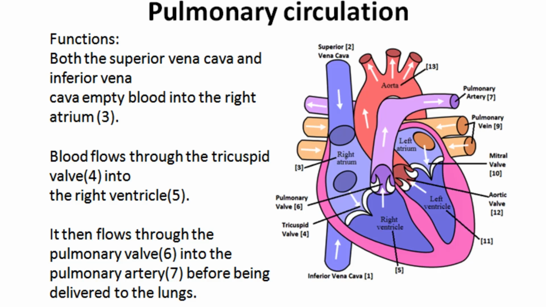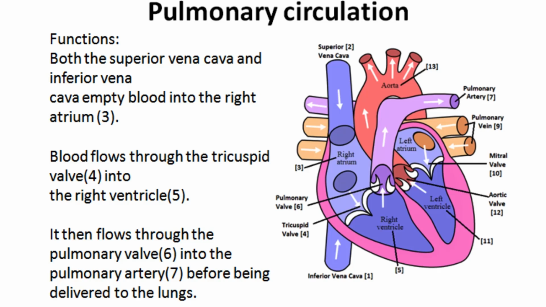You can see we have 4 chambers of the heart: right atrium, left atrium, right ventricle and left ventricle. Right atrium is denoted by number 3, and right ventricle is denoted by number 5, followed by left ventricle and left atrium.